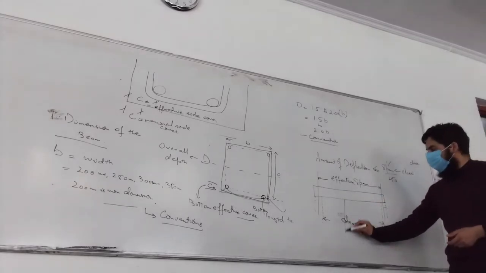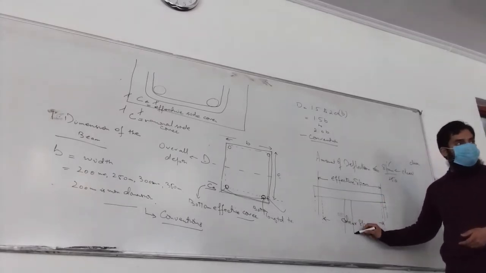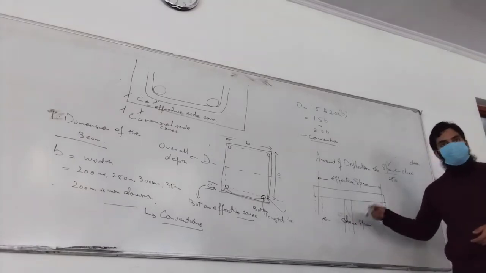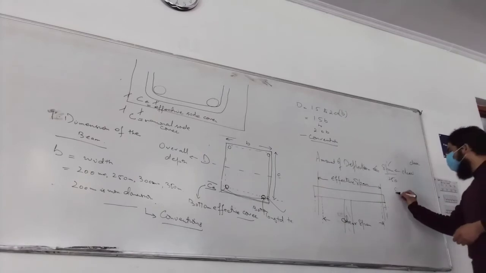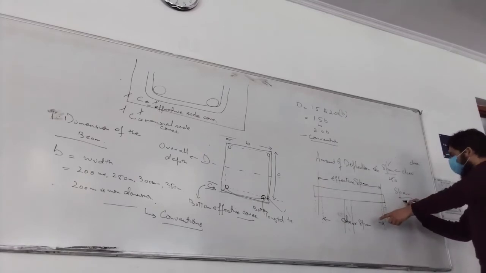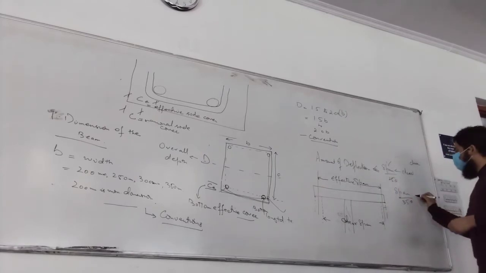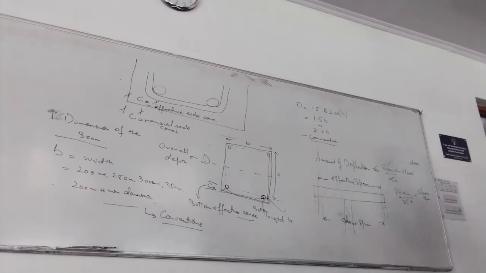Below the beam you might have a partition wall somewhere. After you have put this, then it should not exceed span by 350. When there is no partition, it's 250. Now again this is clear span by 350.